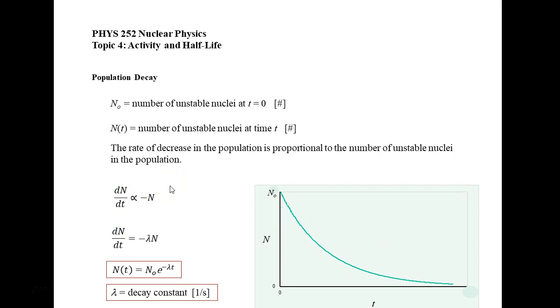Let's now relate lambda, the decay constant, to what we define to be the half-life. The half-life, and we're going to use capital T subscript 1/2, is the average time it takes for the population to reduce by 1/2. That's it, a simple definition.